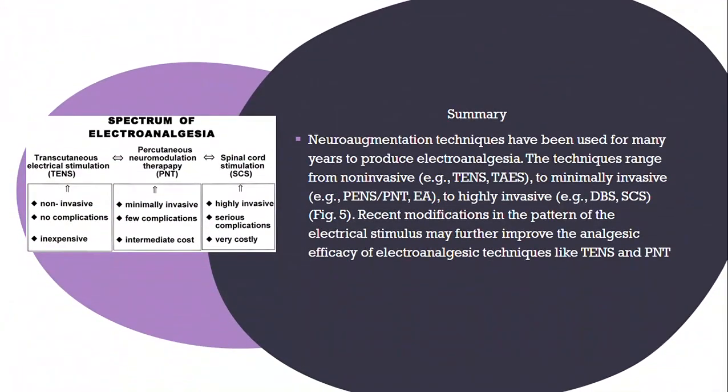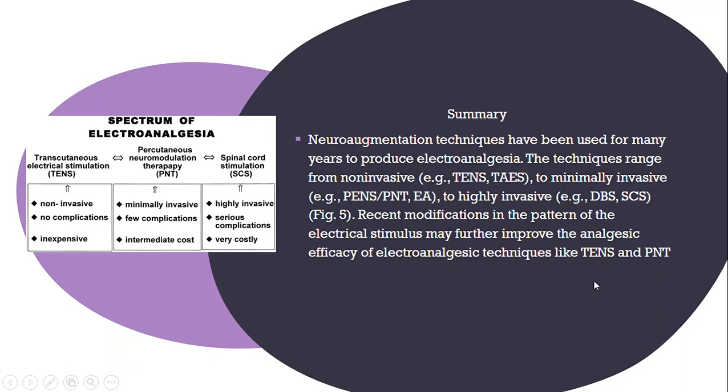As a summary, we can say that there are different techniques that have been used for many years to produce electroanalgesia, and the techniques range from non-invasive, such as the first ones, TENS and TAES, to minimally invasive and to highly invasive types.